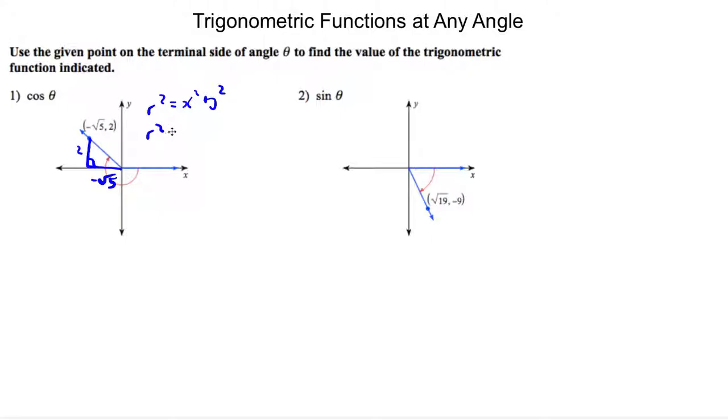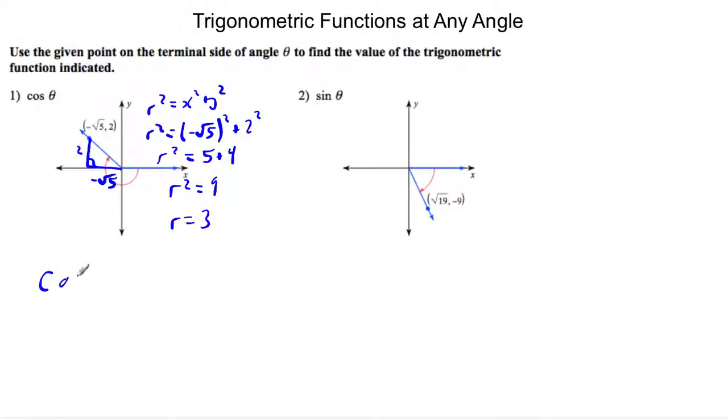So the radius squared, or the hypotenuse squared, is equal to negative square root of 5 squared plus 2 squared. So the radius squared is equal to 5 plus 4. So the radius squared is equal to 9, so the radius is equal to 3.